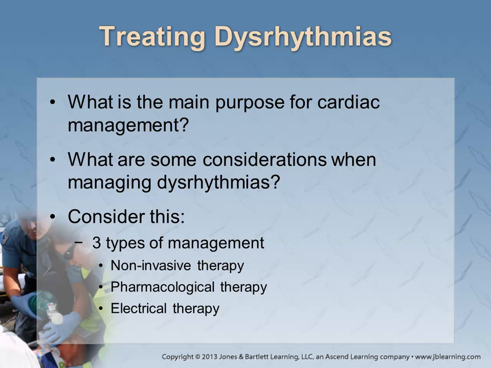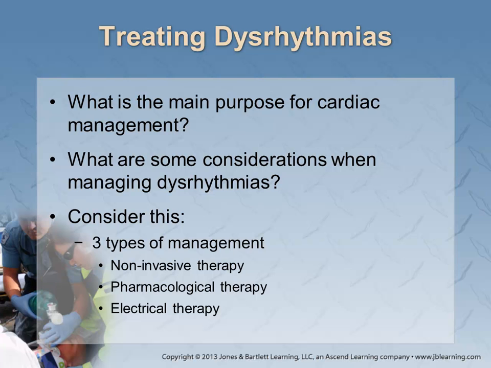It's going to be to restore the normal electrical pathways of the heart, to restore heart perfusion, and to try to get the heart back to a normal homeostatic balance. Consider this. If you look on your strips, if you look on your algorithms, it doesn't get real in depth.